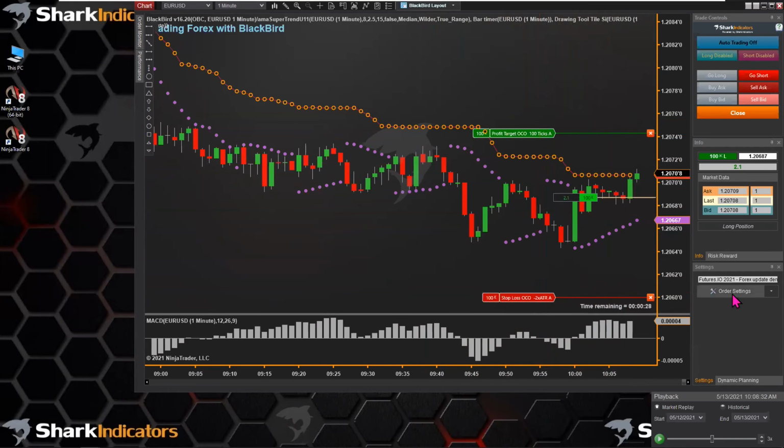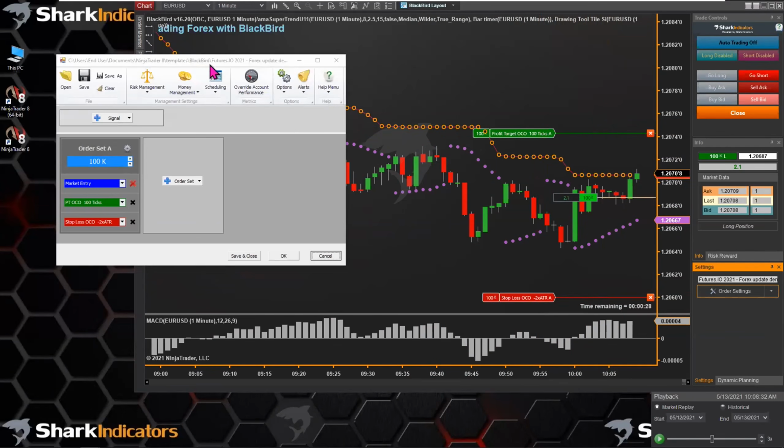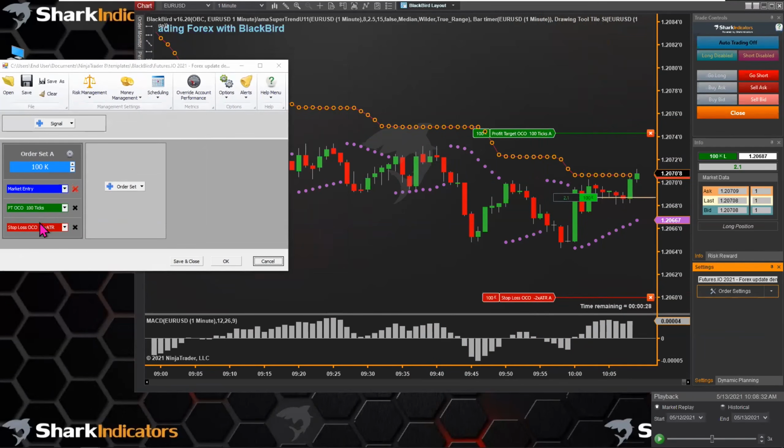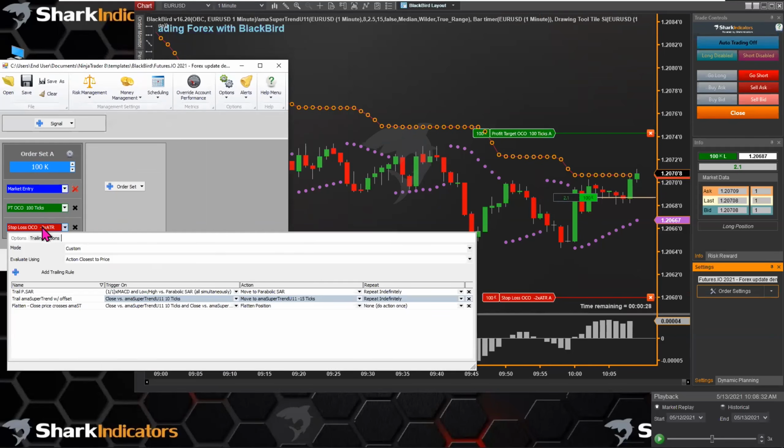And then, as I was showing earlier in the trailing rules, we have this trigger capability, this trigger section. This is what really makes BlackBird powerful with its trailing capabilities. This is what makes it far superior to the NinjaTrader ATM.